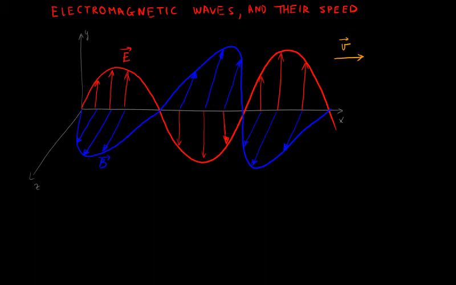If the wave is sinusoidal with wavelength lambda and frequency f, then as we saw earlier, such a traveling wave can be written, for the electric field, as E equals E_y, that equals E naught, which is the maximum strength of the electric field, times cosine(kx minus omega t).